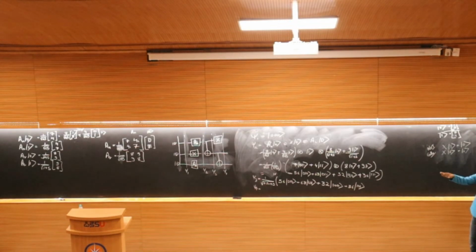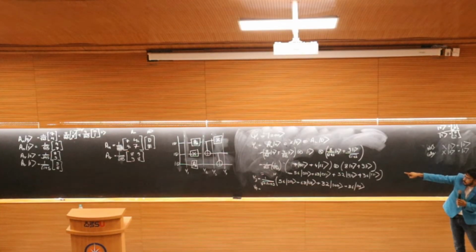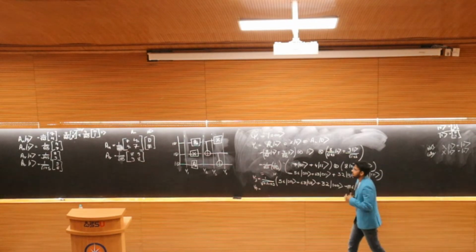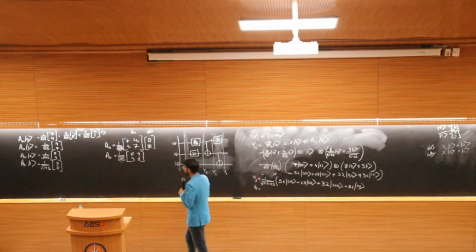If it is 7447 only, it should be 1 by root 65 because that is what we want. When we apply A into 0 and A into 1, we should get vectors with unit magnitude. So shouldn't it be 1 by d, not root d? Because 1 by root d means you will still get a root d on top, right? You try to cancel it. Shouldn't it be 1 by d into the matrix, because that's the unit matrix?